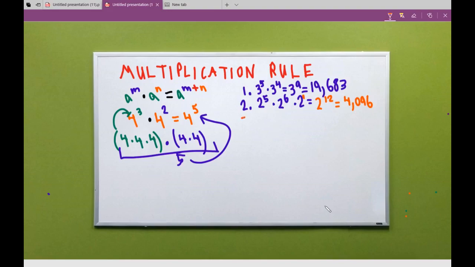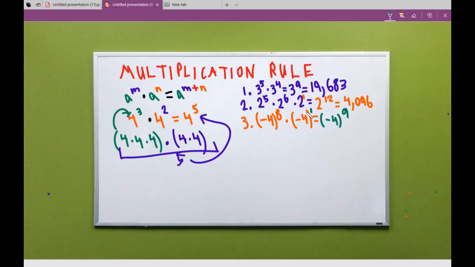Number 3 is -4 in parentheses to the 8th power times -4. Okay, so we know that this -4 right here has a power of 1. So to find our answer, we're going to add our 8 to our 1 to get -4 to the 9th power.